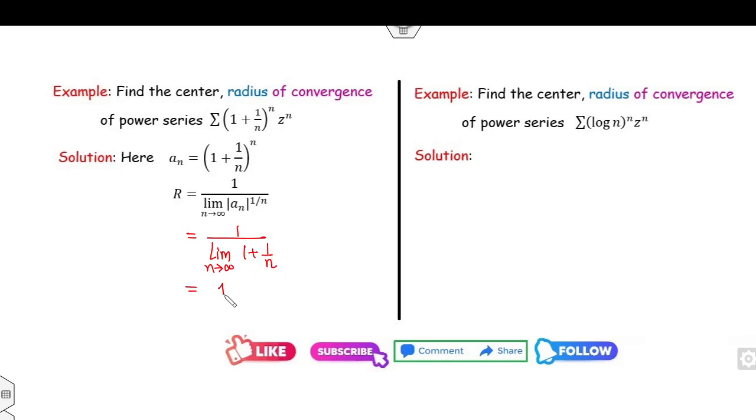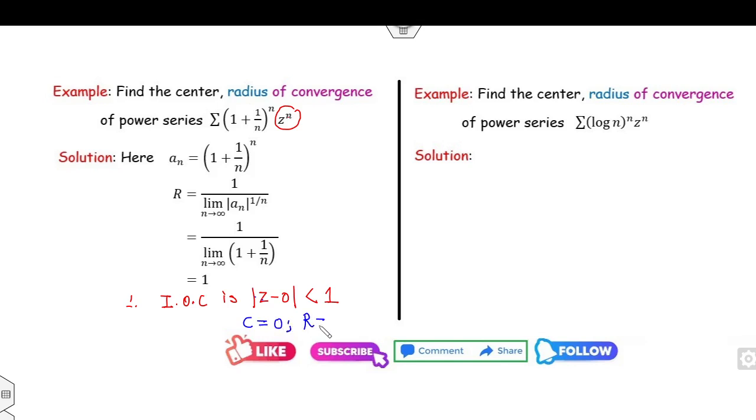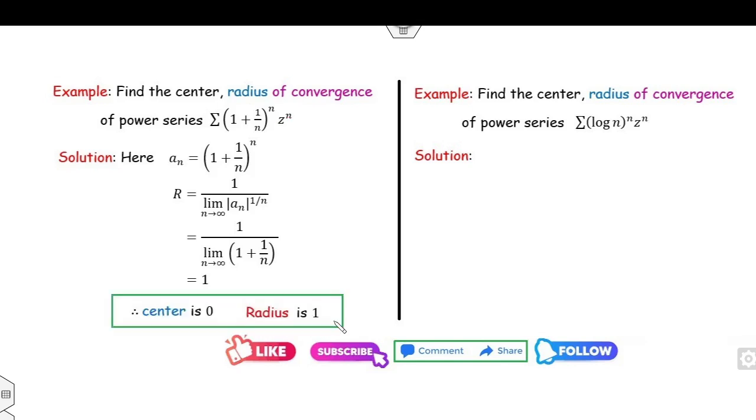So as n approaches infinity, this value will be 1. So therefore your interval of convergence is, the coefficient of n is 1, so |z minus 0| is less than 1. The coefficient of z is 1, center is 0, radius is 1.